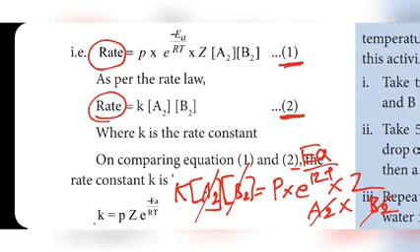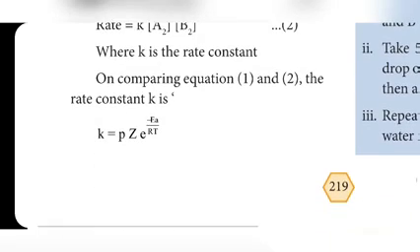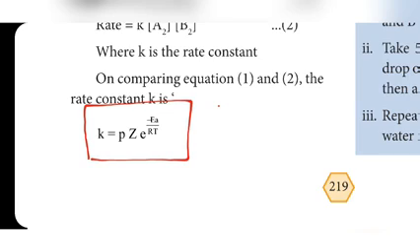Both are cancelled. Remaining, we have only K is equal to P into Z into e power minus Ea by RT. So finally we got one formula, that is K is equal to P into Z into e power minus Ea by RT.